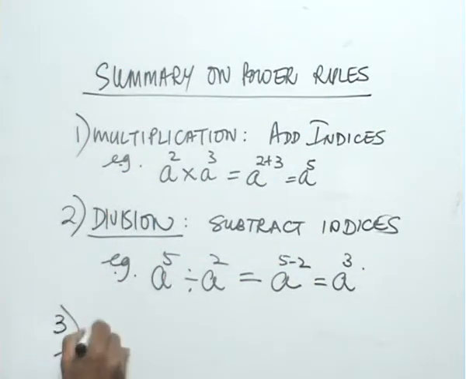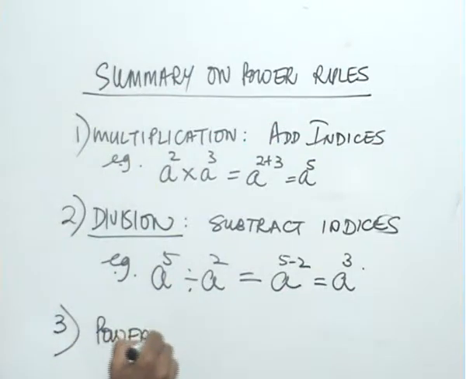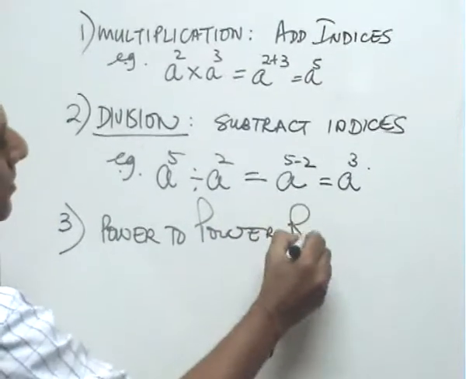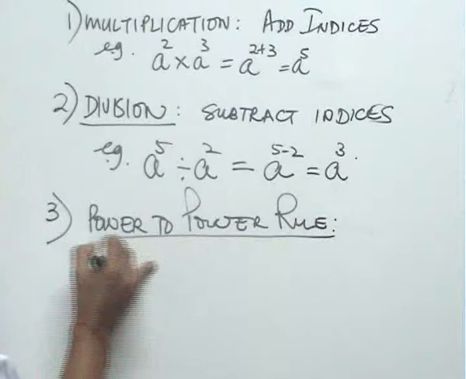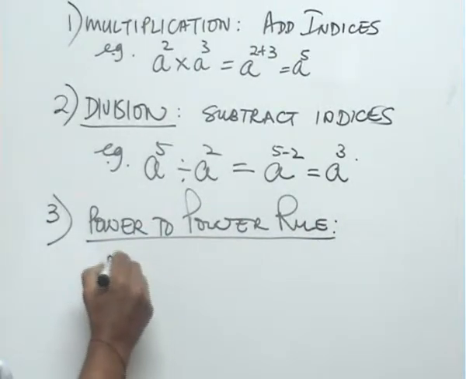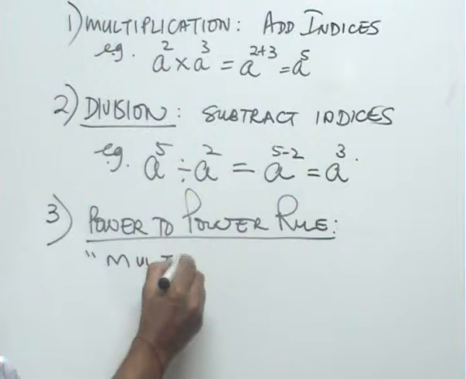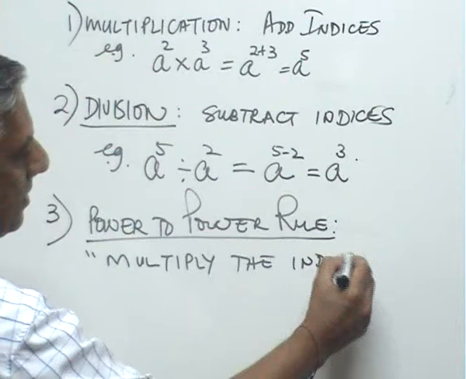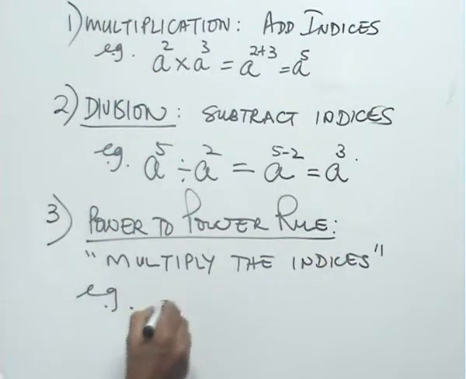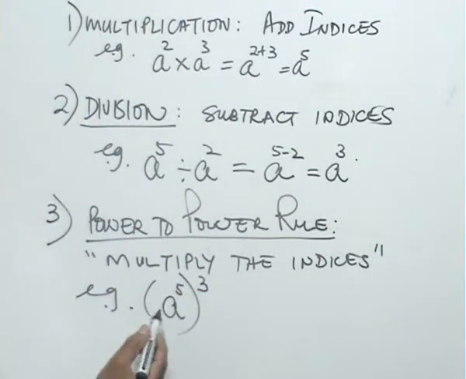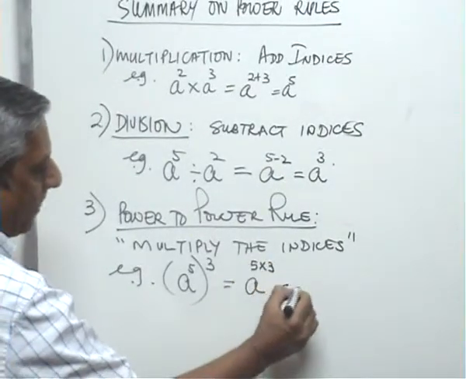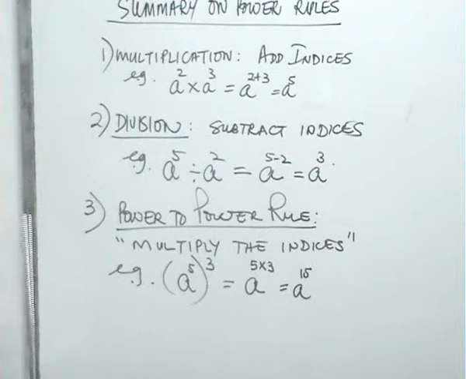And then rule number 3, which is the power to power rule. So here you simply multiply the indices. For example, a to the 5 all cubed, power to power, write down a, 5 times 3, a to the 15.